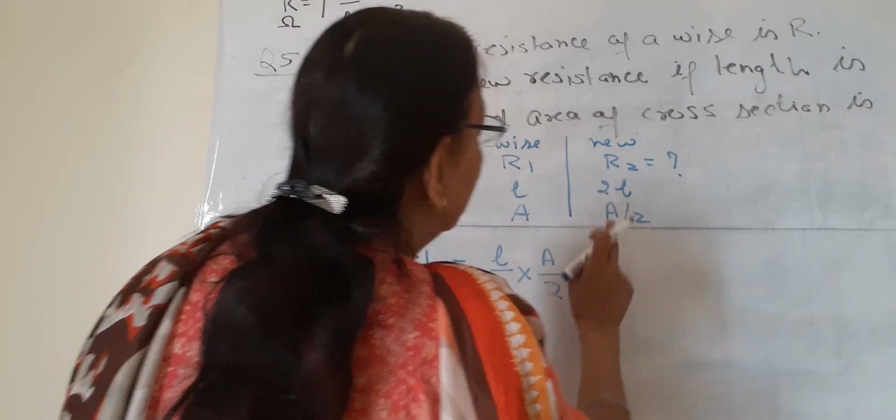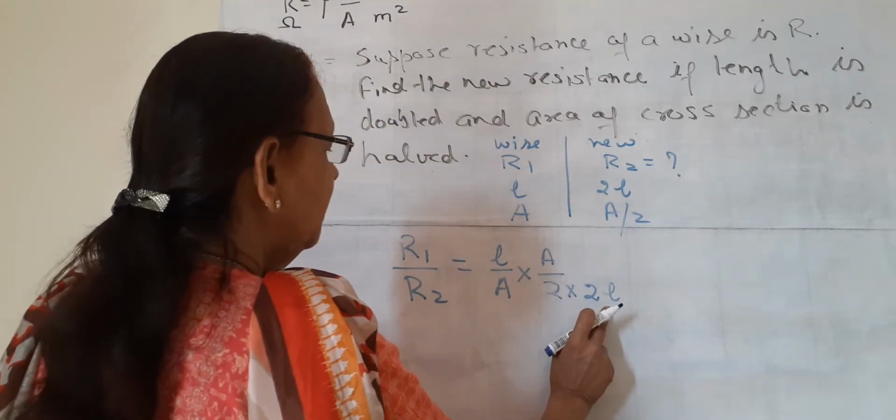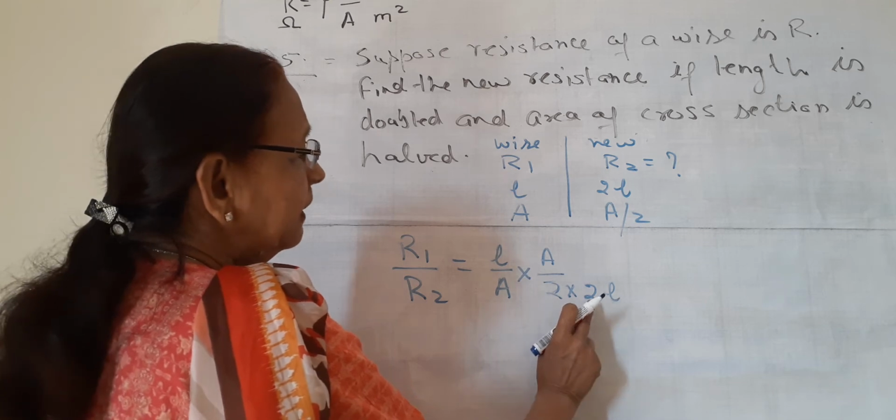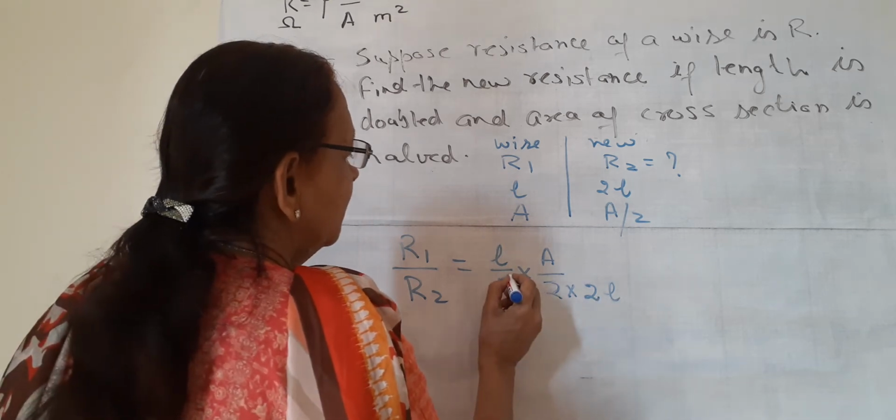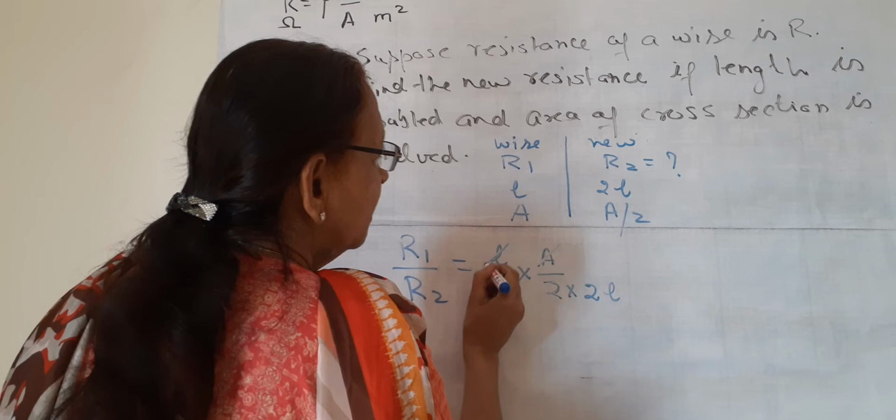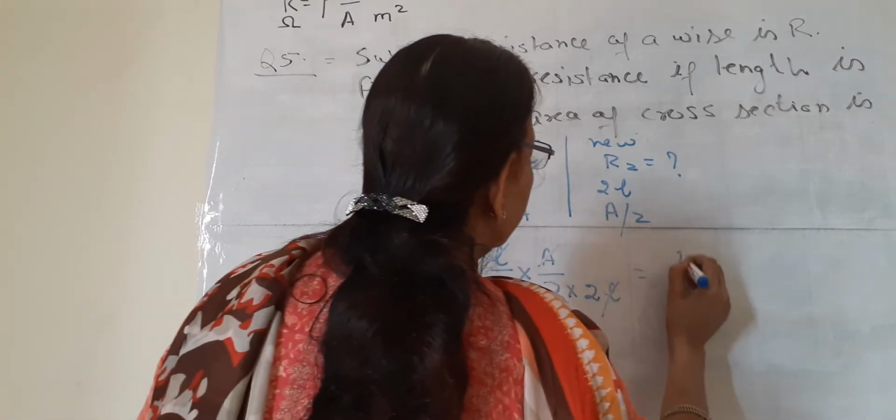Length is doubled. This is A by 2, and in denominator we have to write length. It is doubled. This will cut. This will cut.